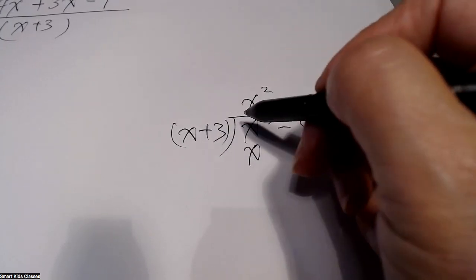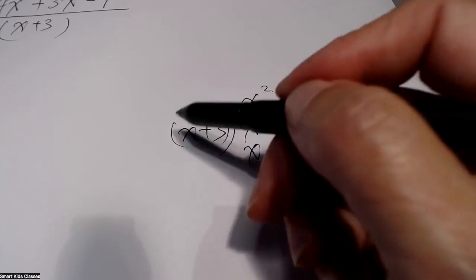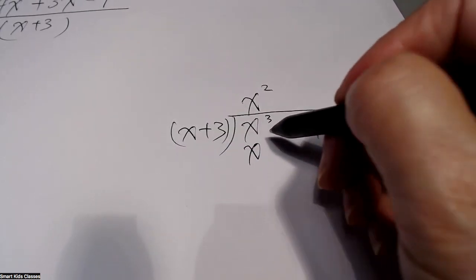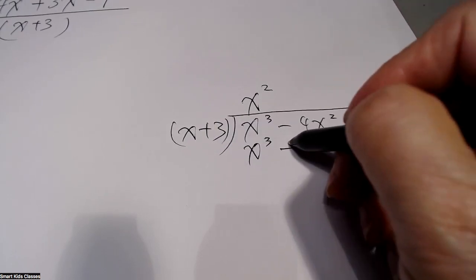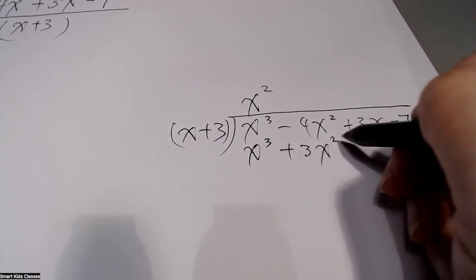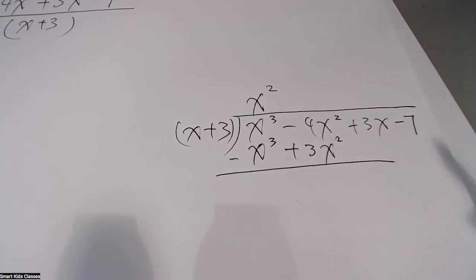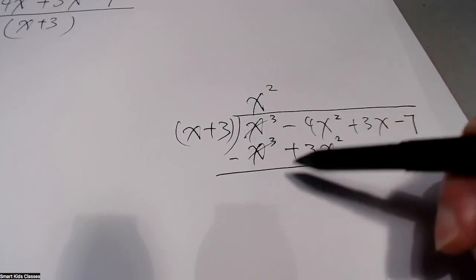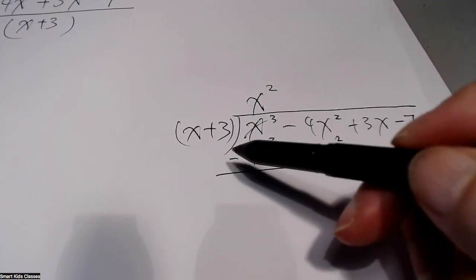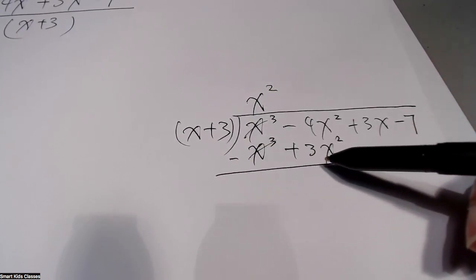So multiply x exponent 2 times x, we get x exponent 3, and times 3, 3x exponent 2. When we subtract it, we cancel the first leading term. This becomes negative, positive, we got negative.